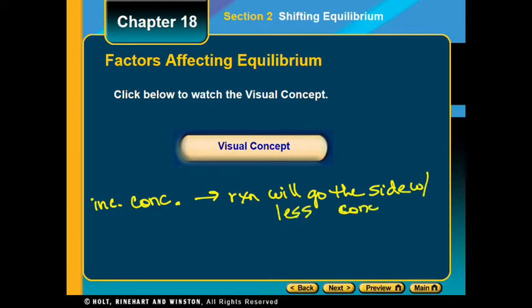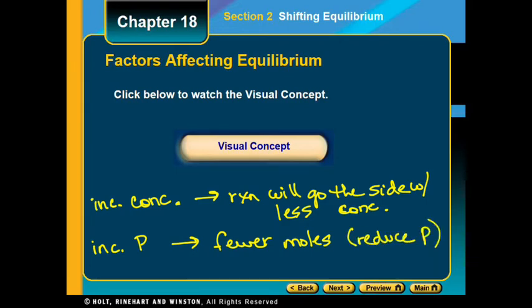So it's going to want to move to a side of less concentration. And if we increase the pressure, where we said it wants to reduce the moles, again, you want to go to fewer moles, and that will reduce the stress of your system. So we want to reduce pressure by having fewer moles.